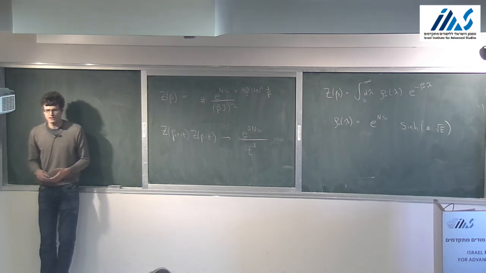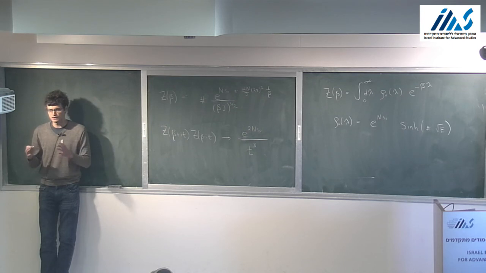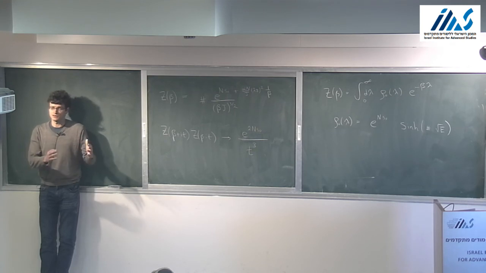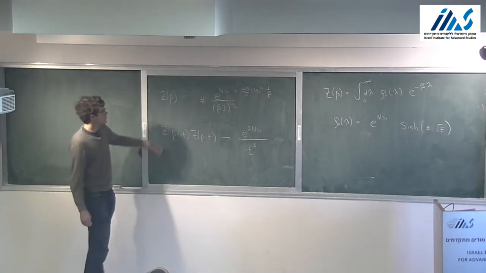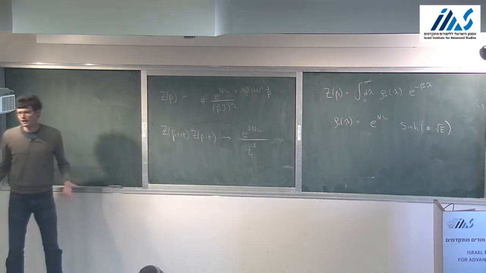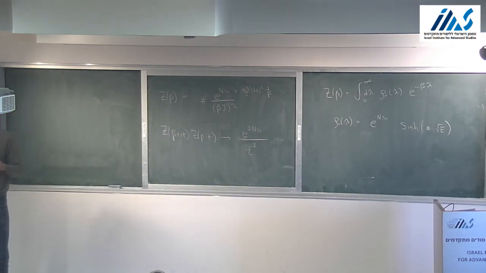So what that means is that the expectation value of z times z star is different from the expectation value of z times the expectation value of z star. And what we're computing here is really just the expectation value of z. So we need somehow an effect where the expectation value of z times z star is different.